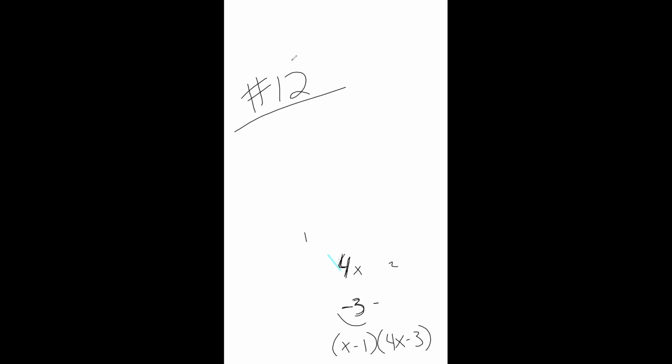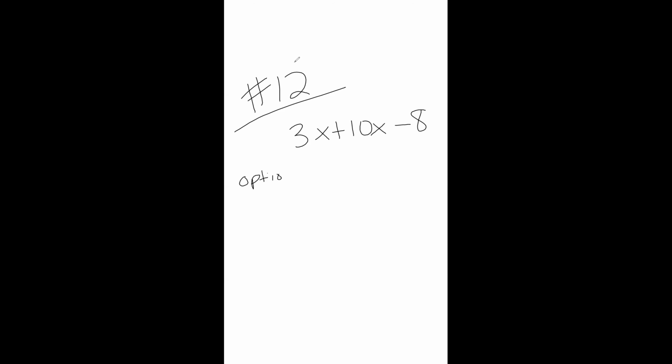So on number 12, here is the quadratic they give you: 3x squared plus 10x minus 8. Option 1 was 3x plus 2 and x minus 4.